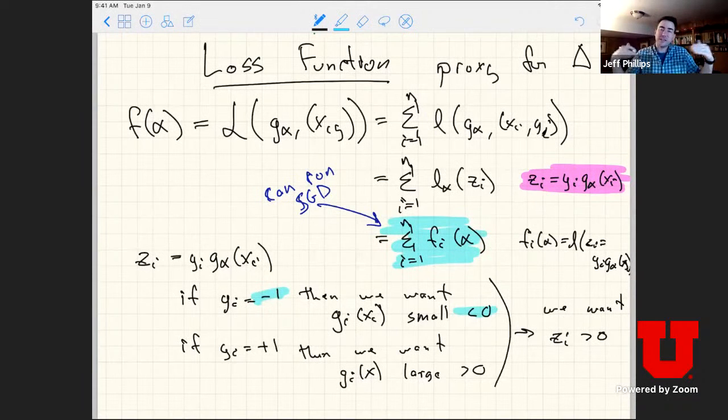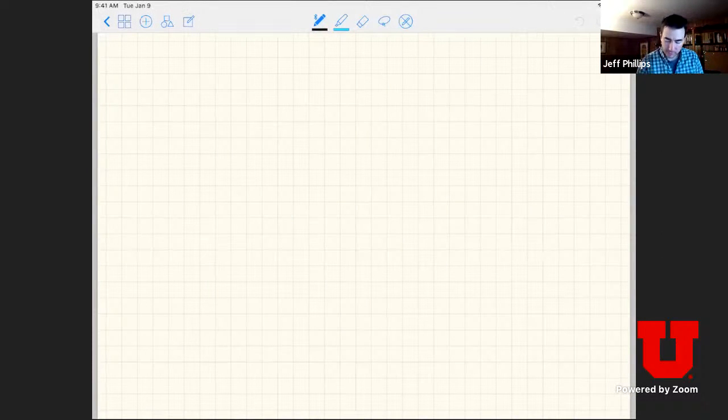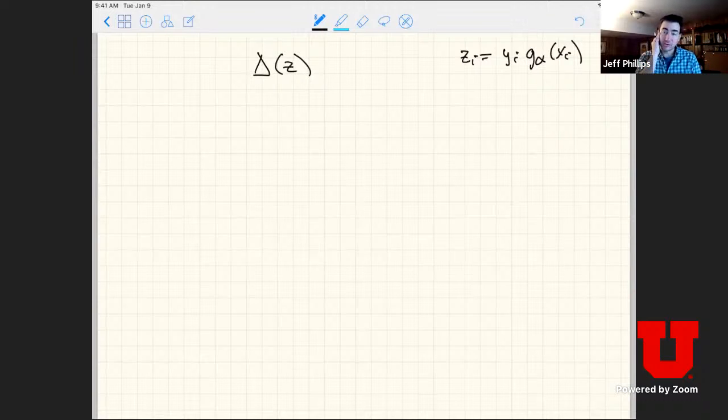So now we can think about this cost function in the space of these zi's. If we remember that zi is yi g of alpha xi, and g of alpha of xi is just a dot product here, right? Then we think of this function delta as a function of z.